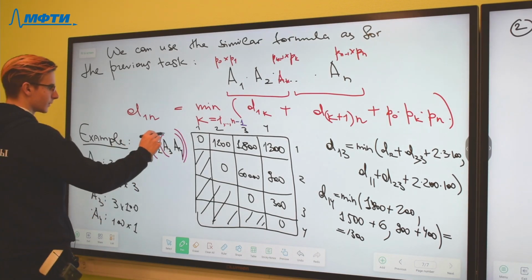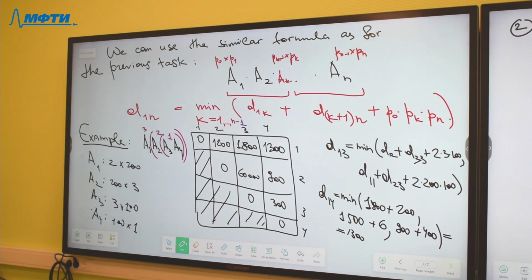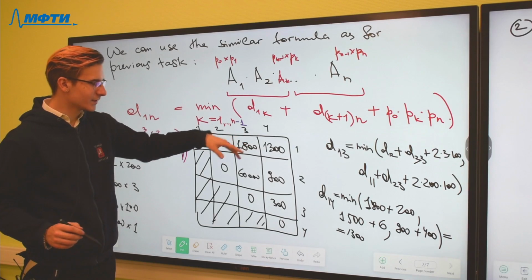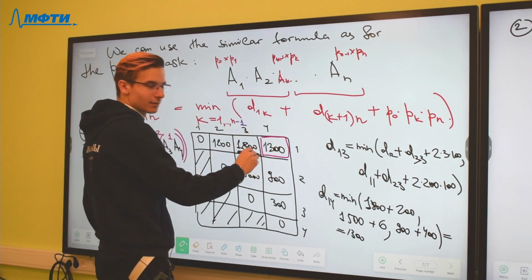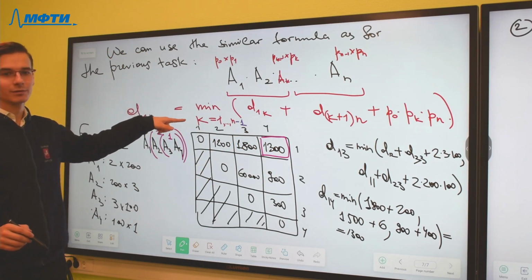And it is a way to multiply them. Okay, it is understandable. So as you see, the way to find the answer is the same. But we change only the recursive formula.